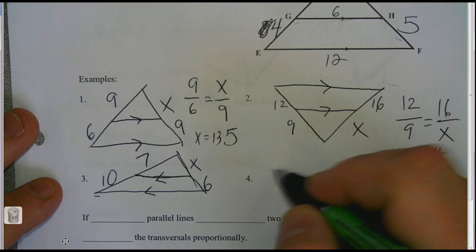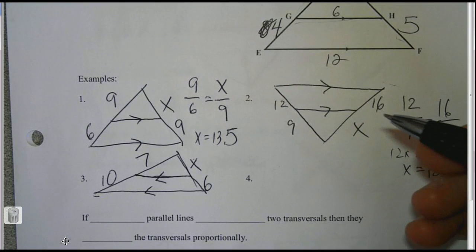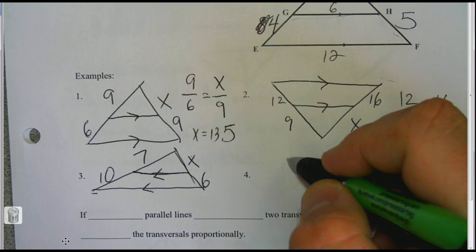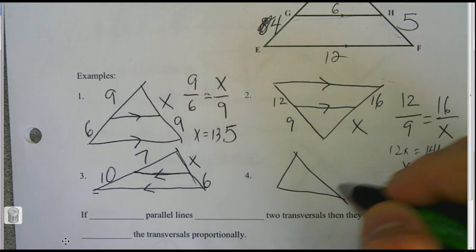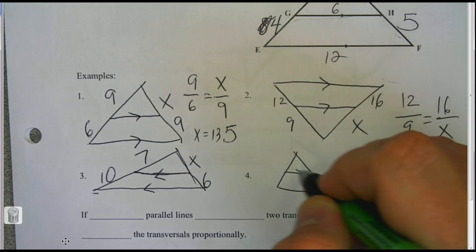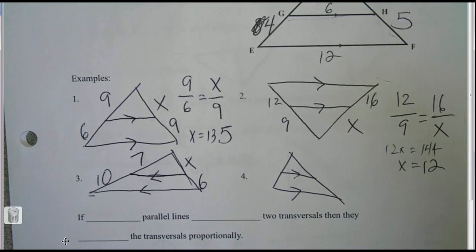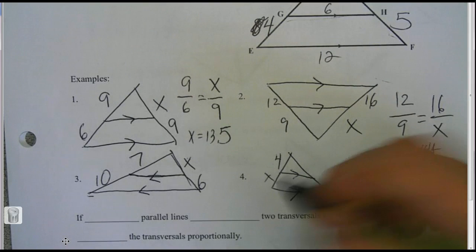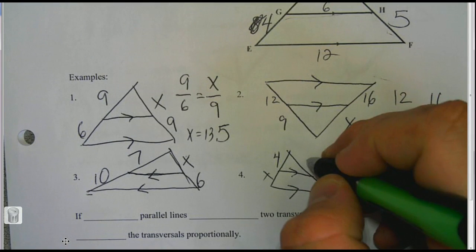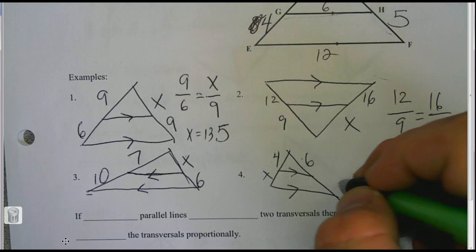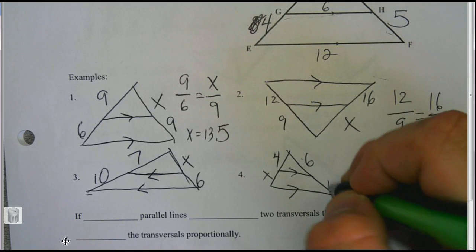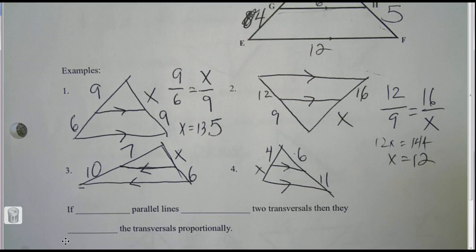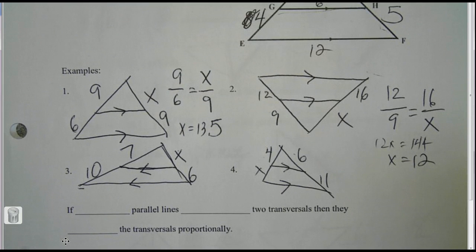And let's do another non-standard triangle. These two lines are parallel. Let's do 4 and X and 6 and 11. So go ahead and set up proportions and solve. Go ahead and pause the video now and solve for X in these two examples, and then go back over the answers.